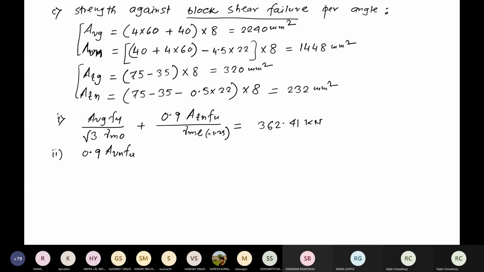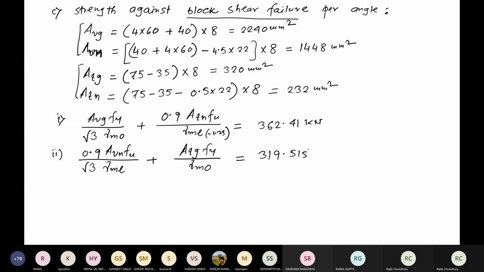The second one becomes 0.9 times Avn, the net area, multiplied by Fu divided by square root of 3 times gamma m1, plus Atg, gross, times Fy divided by gamma m0. So this becomes 319.515.